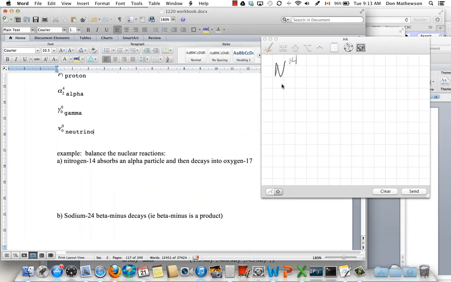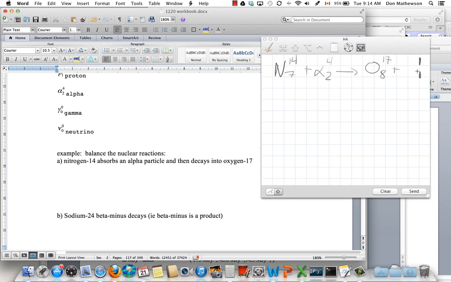So back here we can say that's nitrogen, atomic number 7, and it absorbs an alpha particle, and then it decays into oxygen 17. Now we can see that the mass numbers aren't balanced, so there's going to be another particle over here with a mass number of 1. Oxygen has atomic number 8. You can look at it on the periodic table over here, and so 9 on this side.